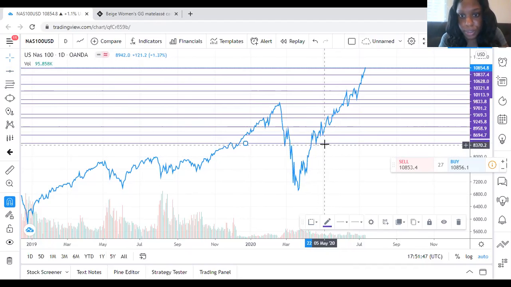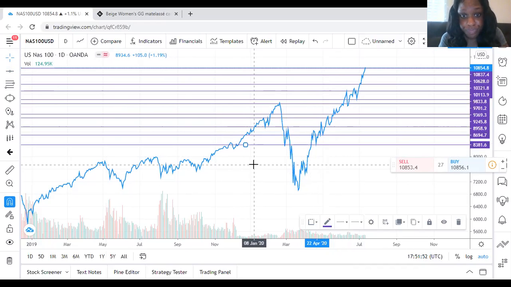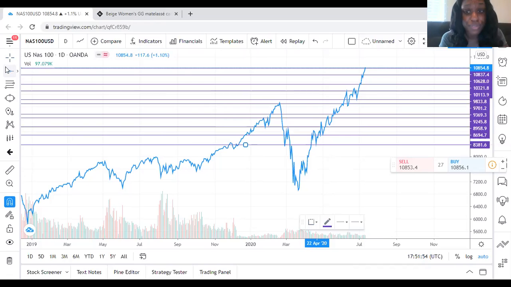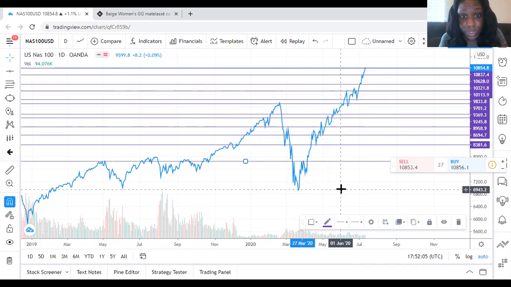Alright, so we're just gonna basically keep doing it. I just basically trade off of zones. It may seem like a lot to you guys, but zones really, really help when trading the market.